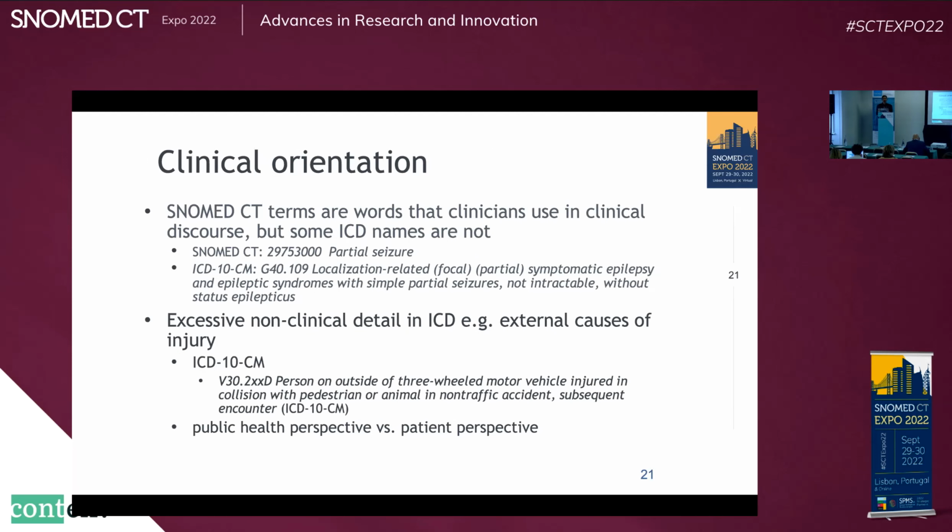Another advantage of SNOMED is that it's clinically oriented because all the descriptions come from clinical terms that are used in clinical discourse. For example, partial seizure is a term in SNOMED CT, but the equivalent code in ICD-10-CM is localization related focal partial symptomatic epilepsy or epileptic syndrome with simple partial seizures, not intractable, without status epilepticus.